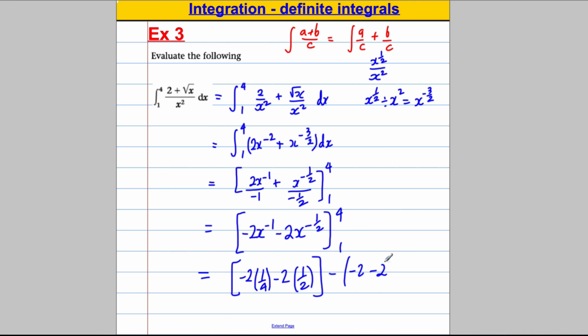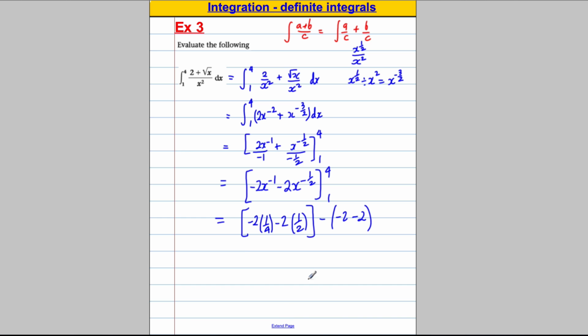I'm trying to do it all in my head to show you can do these things in your head. 2 multiplied by 1/4 is -1/2. 2 multiplied by 1/2 is subtract 1, and this here would be subtract -4. And this here is -1/2 take away -4, which is -1/2 add 4, which is therefore equal to 2.5.